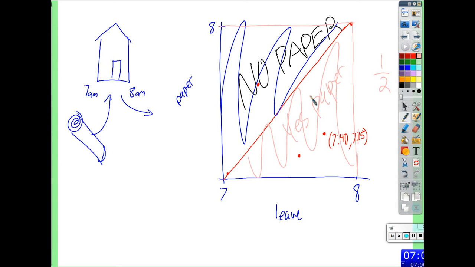In this scenario, where that arrow hit, you get to leave with the paper because it got there before you left. Here, if your arrow is there, no, you don't get the paper because it got there after you left. But half of the available points are here, half are there, so it's going to be 50-50.